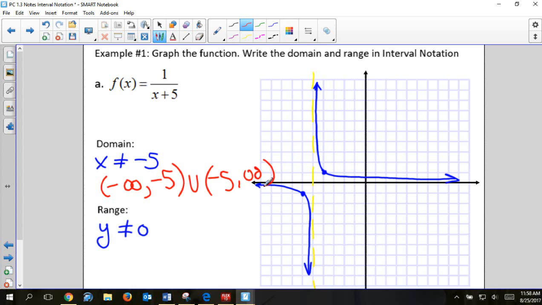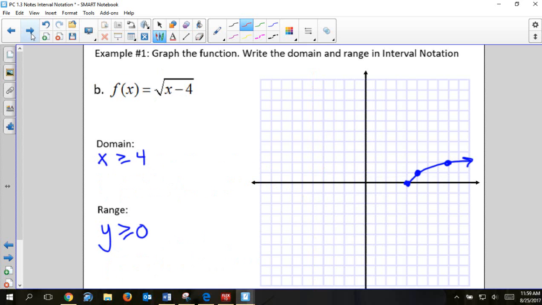And the range is all the way down to all the way up. It goes from negative infinity to 0, union, 0 to positive infinity. That's how you write interval notation for that. Okay? And then example B was a square root.